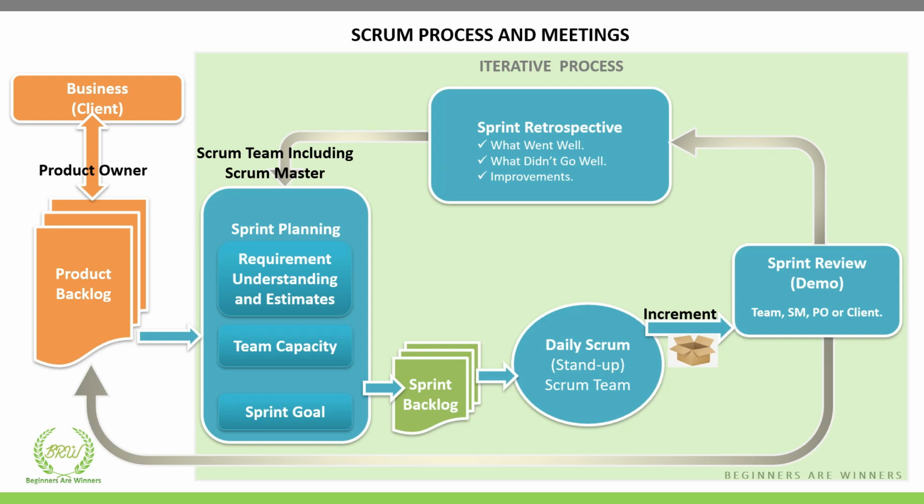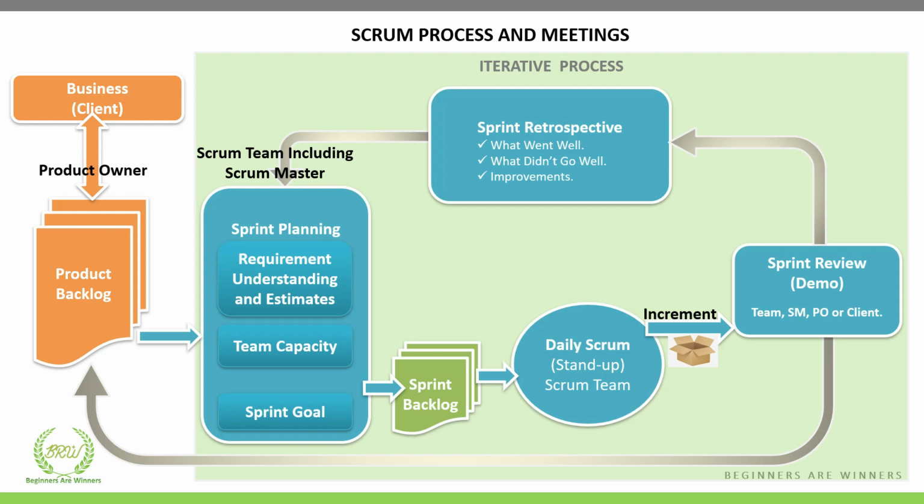Once there are estimates for all the requirements, the team also calculates the capacity of their team. Team capacity refers to the amount of work a team can responsibly accomplish during a sprint. Therefore, the team records every possible leave or holiday, or challenges, risks, and issues related to the team, if there are any, to calculate team capacity.